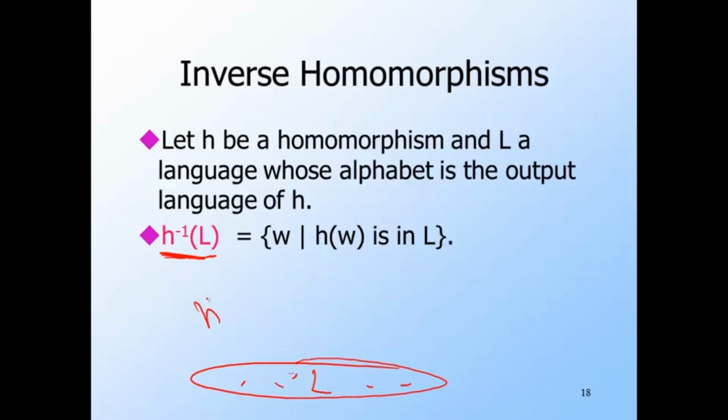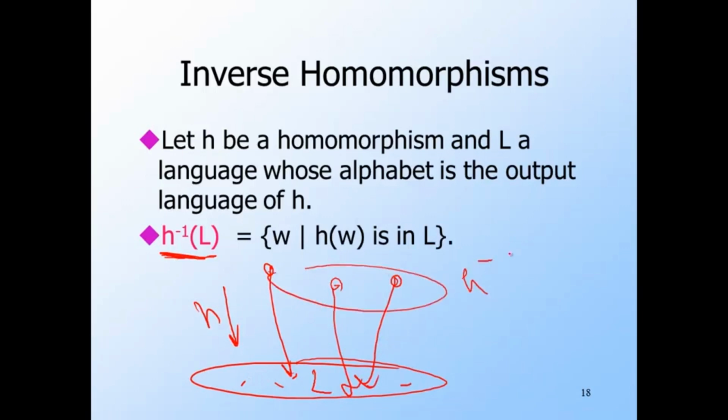And H will be represented by downward motion. So any string that goes anywhere in L, when you apply H, these are all in H inverse of L. And any string that misses L when you apply H, that's not in H inverse of L.